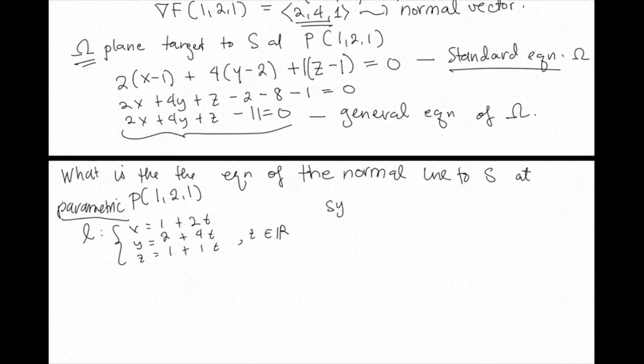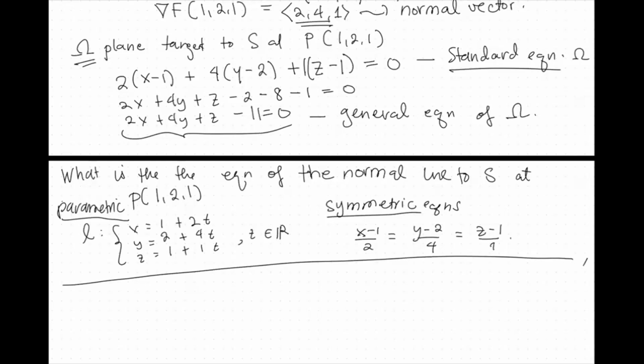And then for the symmetric equation, we get (x minus 1) over 2 is equal to (y minus 2) over 4 is equal to (z minus 1) over 1. So these are the parametric and symmetric equations of the normal line to S at the point P.